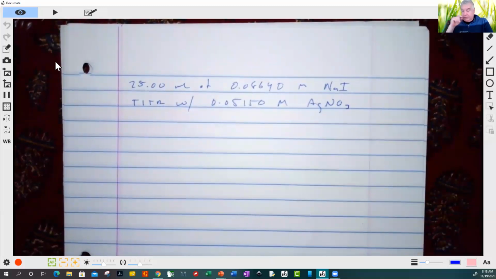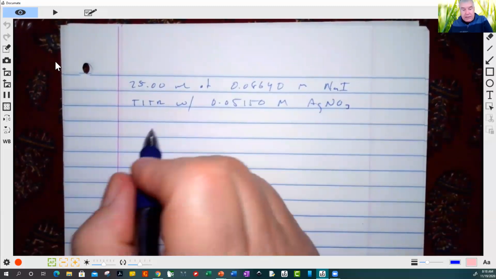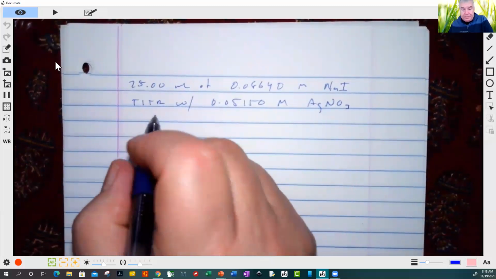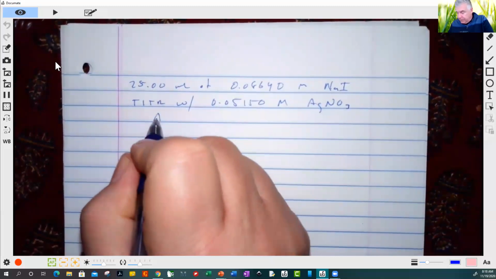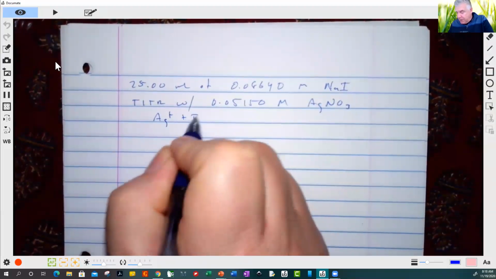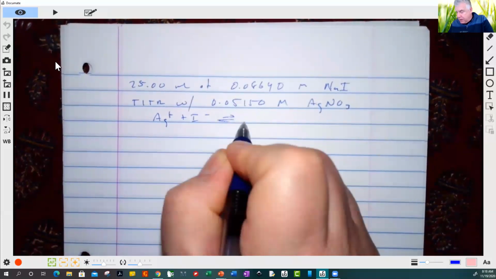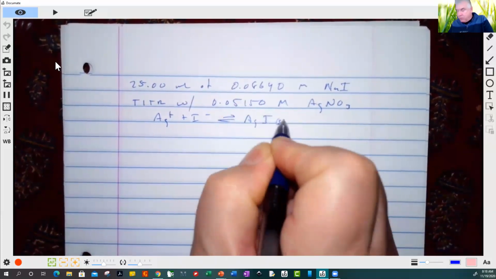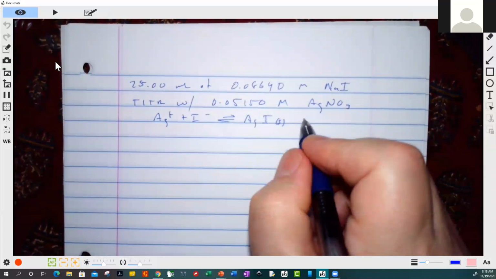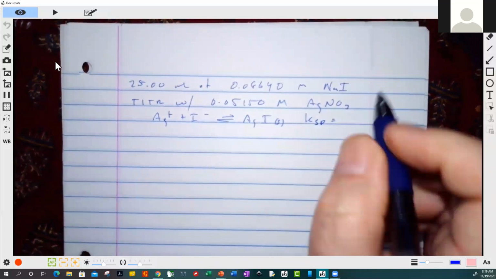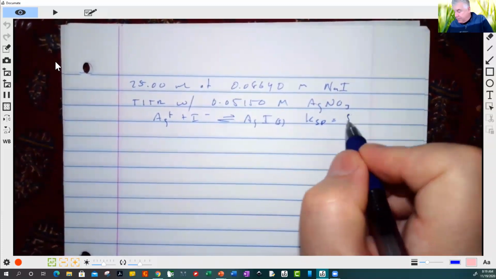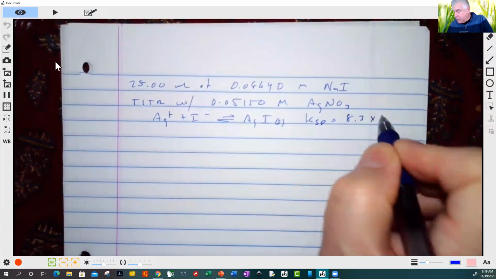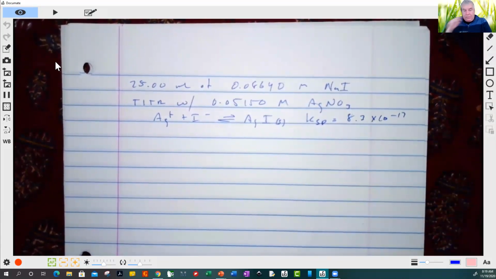Right? And in this case, Ag plus I minus makes AgI solid, 1-to-1. KSP here is equal to 8.3 times 10 to the minus 17, right?